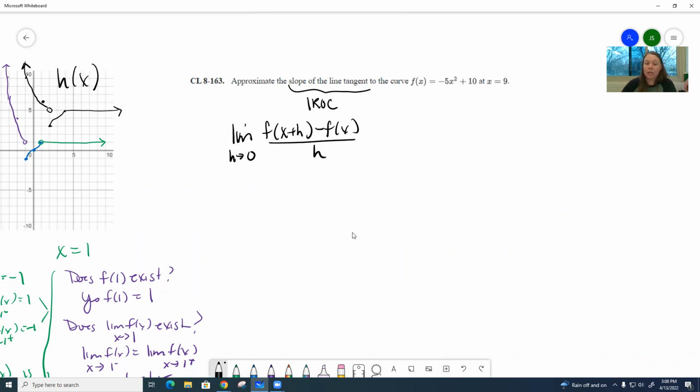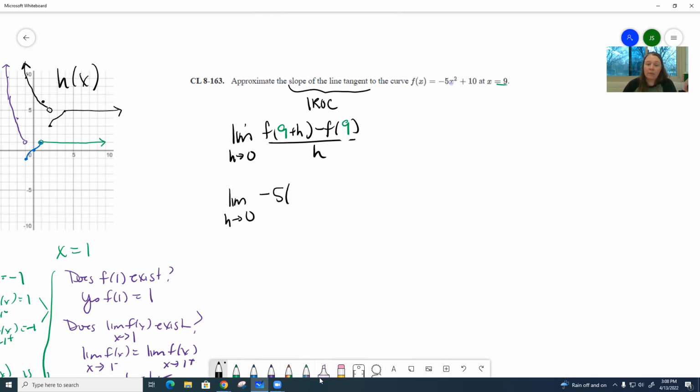Okay, now I know in this case that x is 9. So I'm going to put 9 in for x. And when it says f of 9 plus h, that means when I see that x, I am going to substitute in.